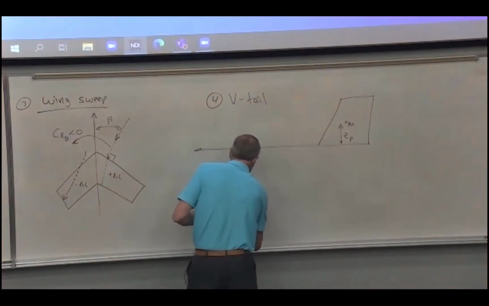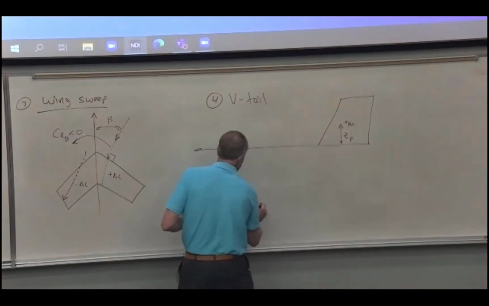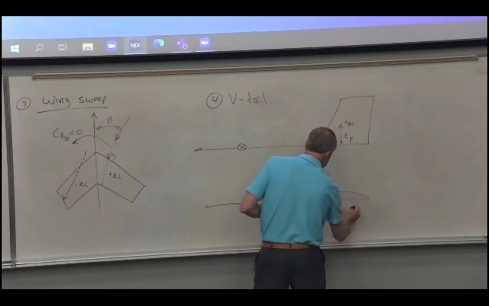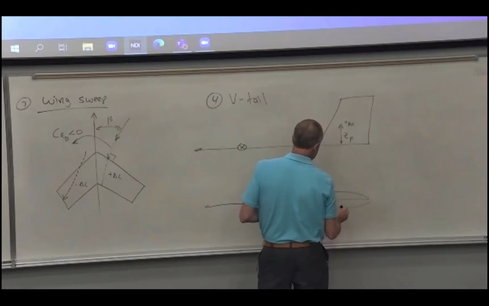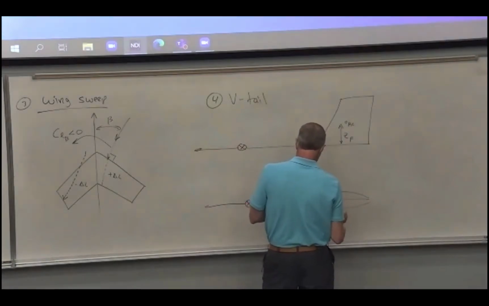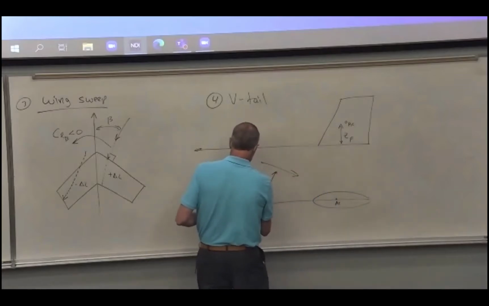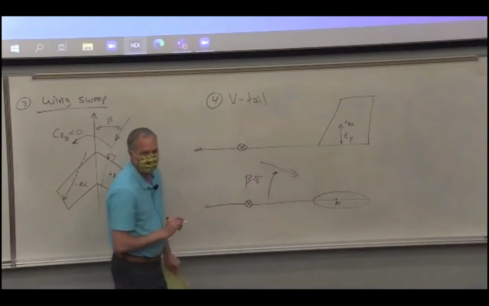And then if we do a top view down here, like that, there's the aerodynamic center. And we've got beta coming in like this, reduced by the side wash, just like we did before.